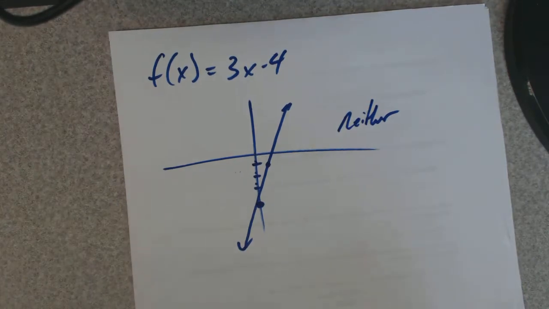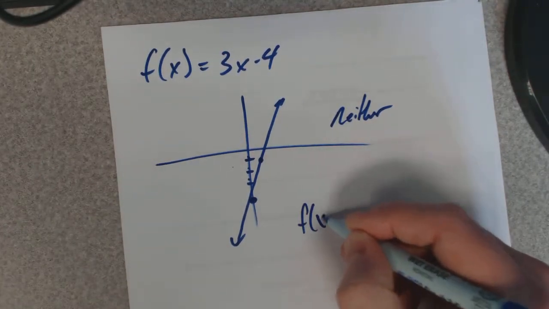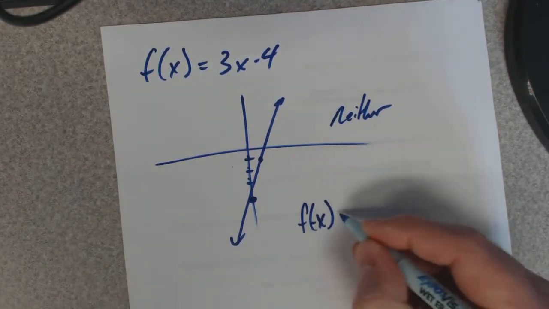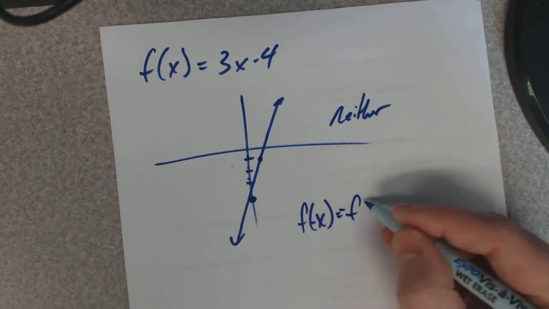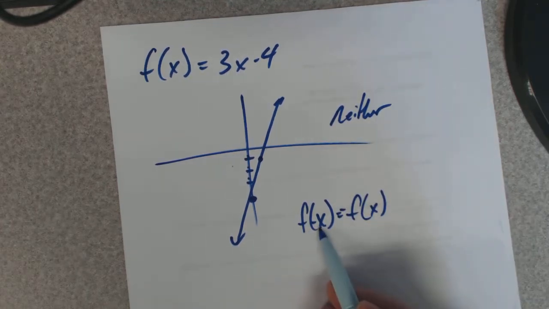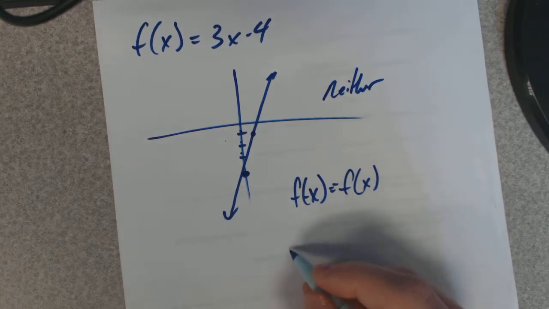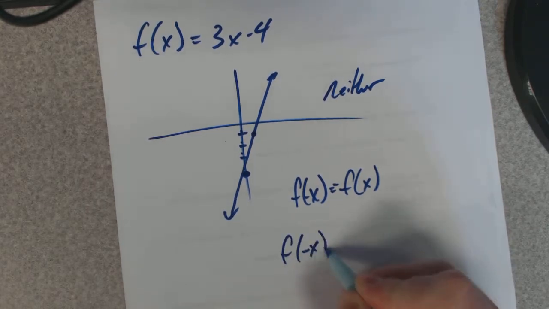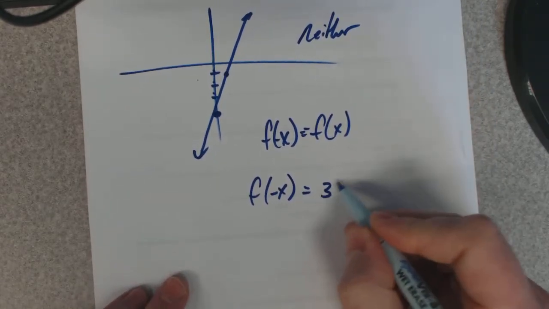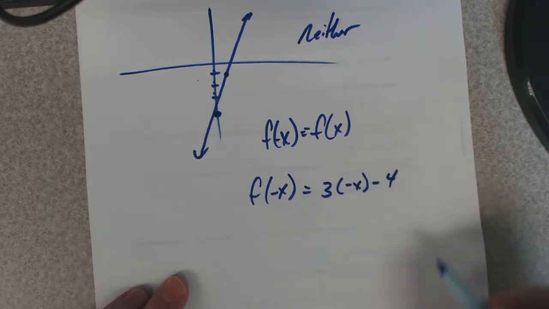Now, algebraically, remember what we're supposed to prove? If you plug a negative x in, you get a negative function. So if I plug a negative x in, what happens?